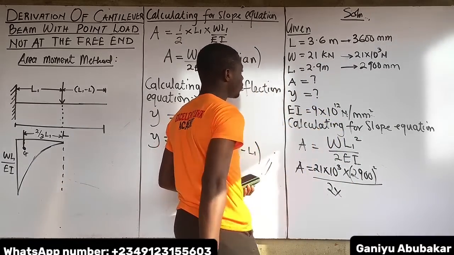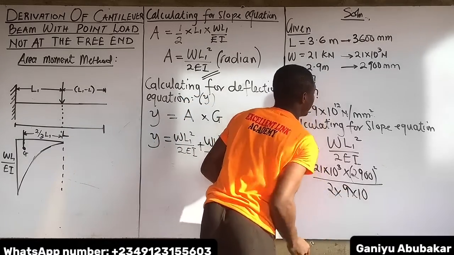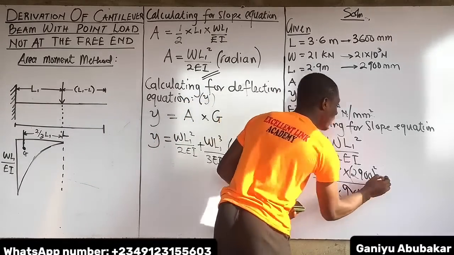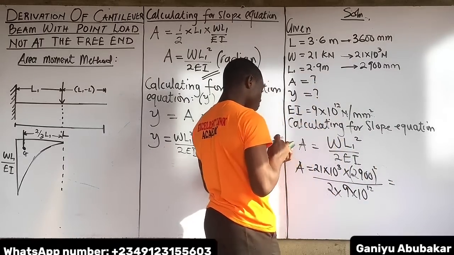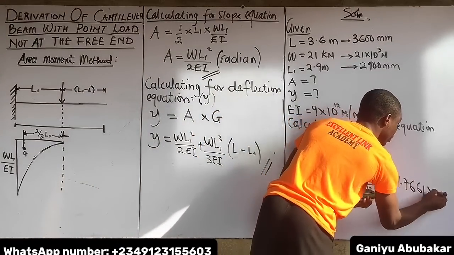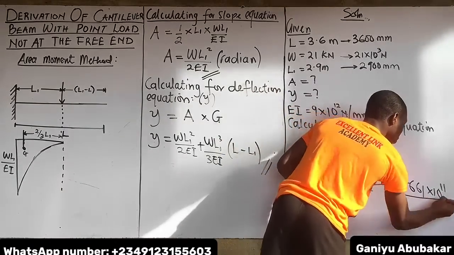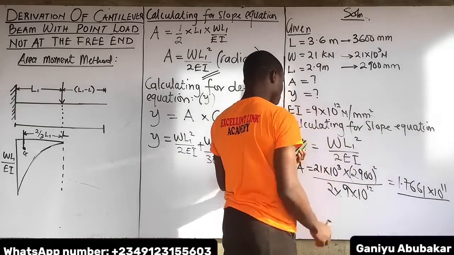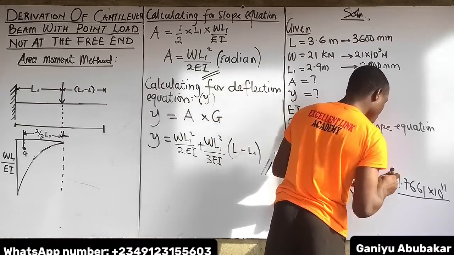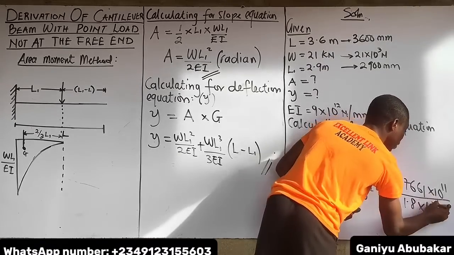That's 9 times 10 to the power 12. If I multiply the numerator, I'll have 1.7661 times 10 to the power 11, all over, multiplying the denominator, I'll have 1.8 times 10 to the power 13.